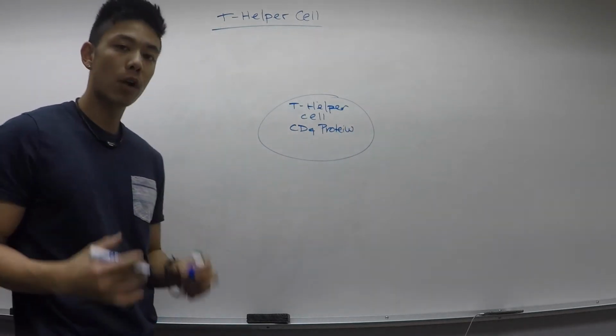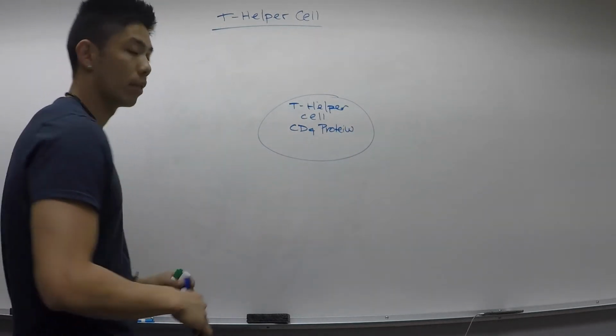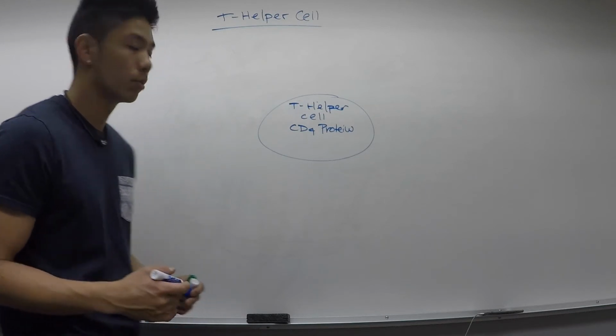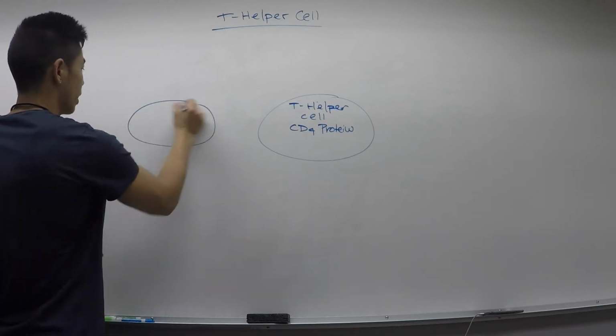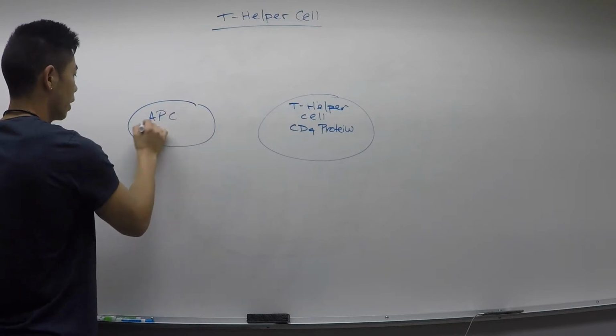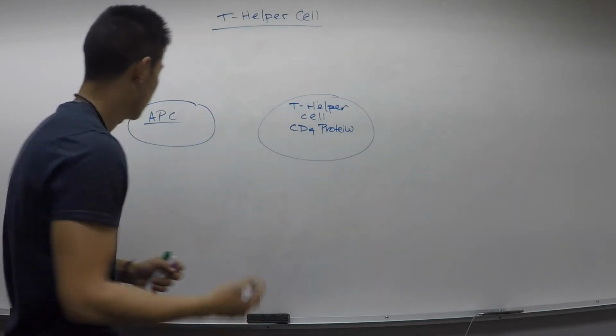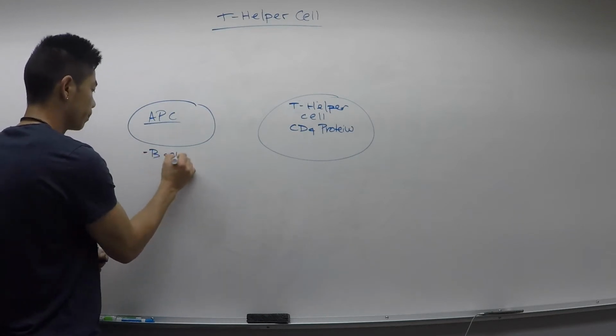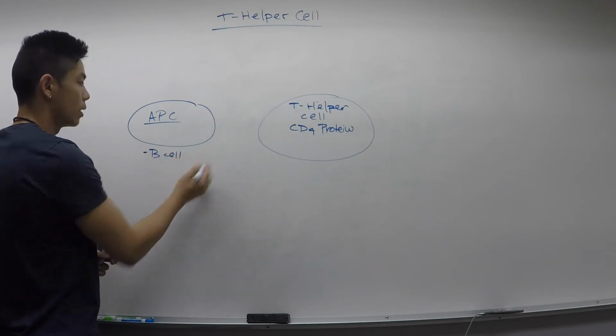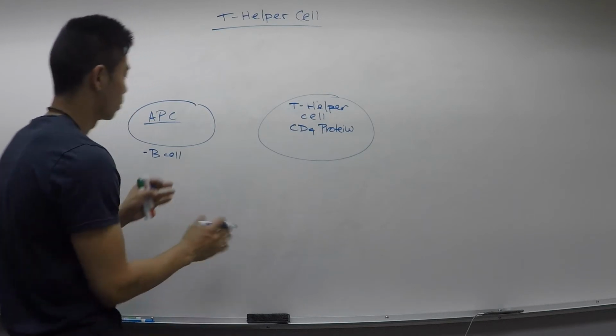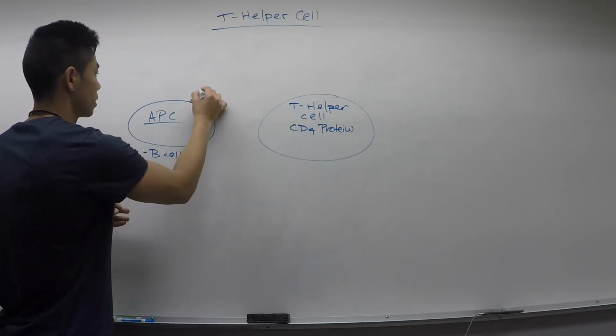If you remember from what we talked about with the macrophage earlier as an antigen-presenting cell, we're going to have that over here. Now our antigen-presenting cell does not only have to be a macrophage, it can be a B cell that has recognized this antigen and now produced the MHC2 complex.